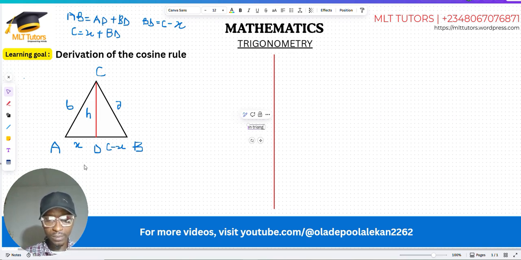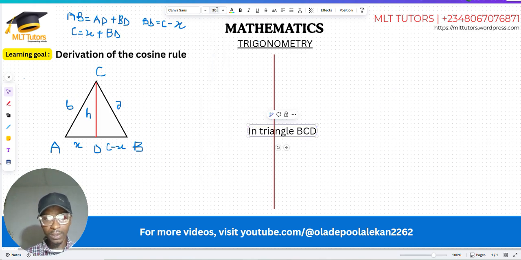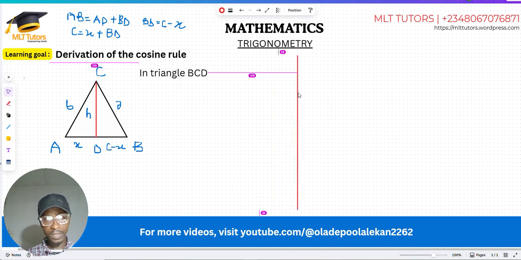Triangle BCD. Okay, let's enlarge that. Okay, that's good. Okay, let's extend this a little bit.